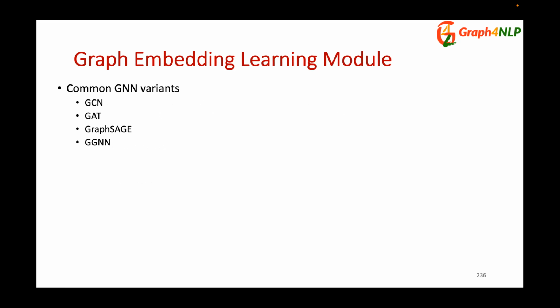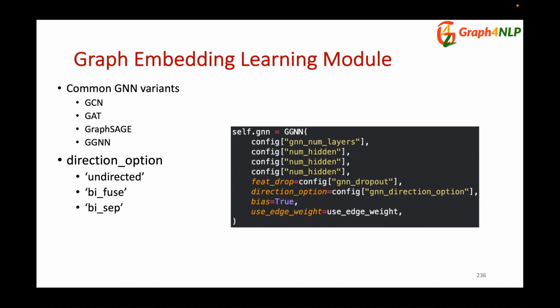Yes, next I'll talk about the graph embedding learning module. This is also a very important module. Here we provide some common GNN variants like GCN, GAT, GraphSAGE, and GGNN. For each type of GNN we provide, we have an important parameter, which is the direction option.